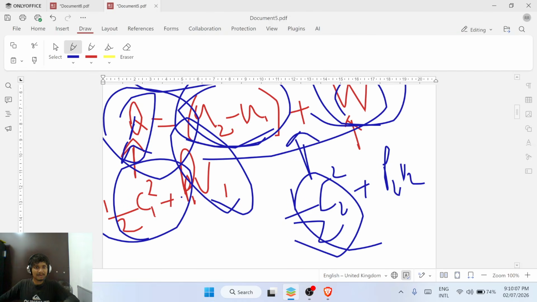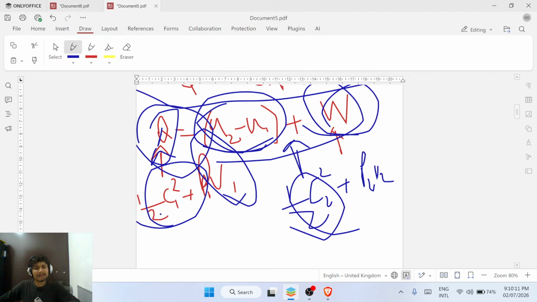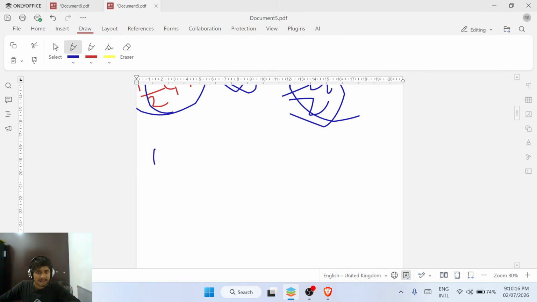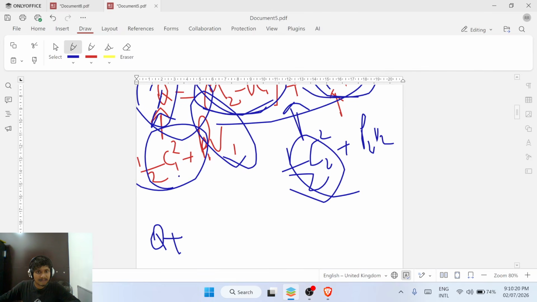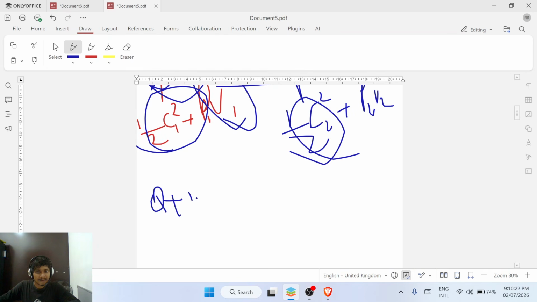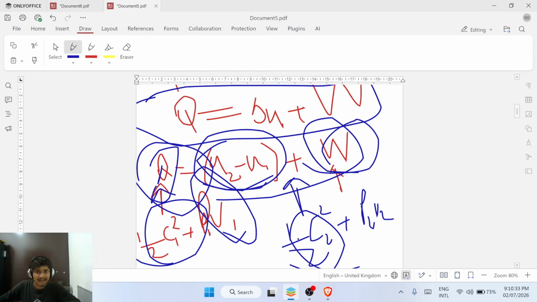Now we have derived the steady flow energy equation from the non-flow energy equation. Therefore, Q plus half C1 square plus P1 V1 plus, there is a minus U1 on the right side.